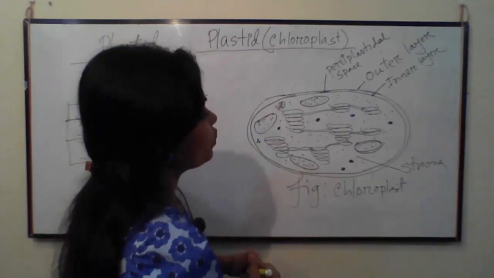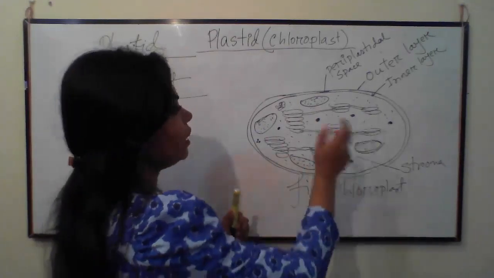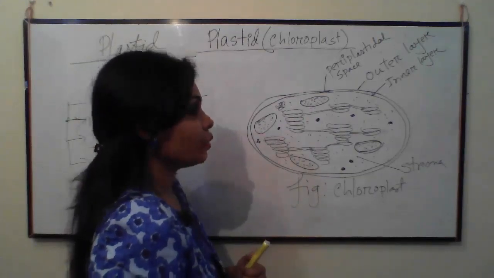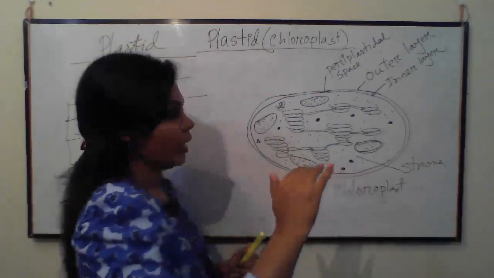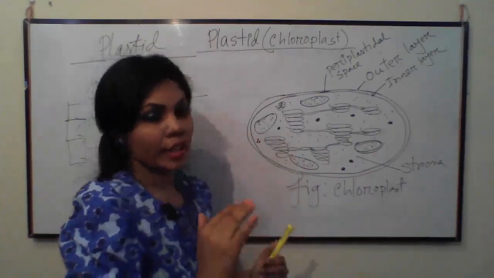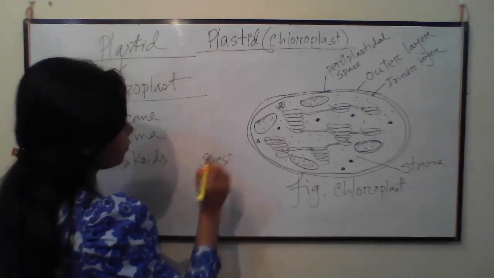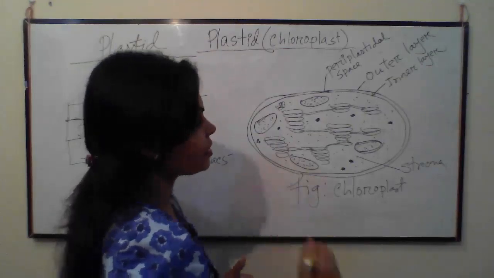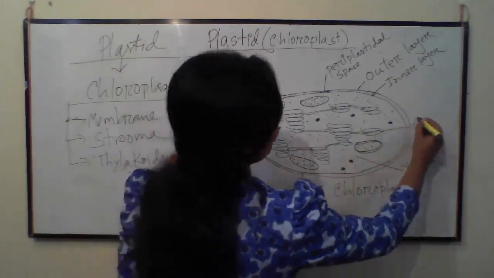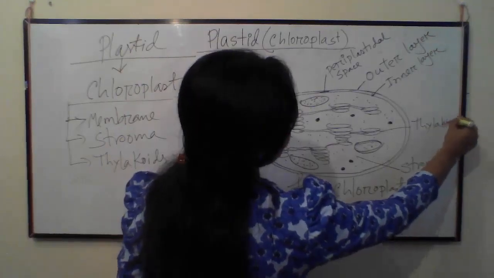So what was I telling? Thylakoid, the third structure. Inside the chloroplast, especially in the stroma, there are a number of flattened sacs bounded by pigments. This is called thylakoids.